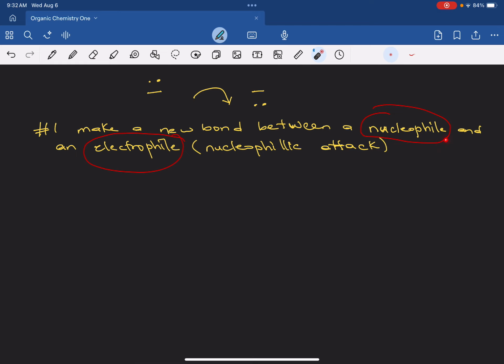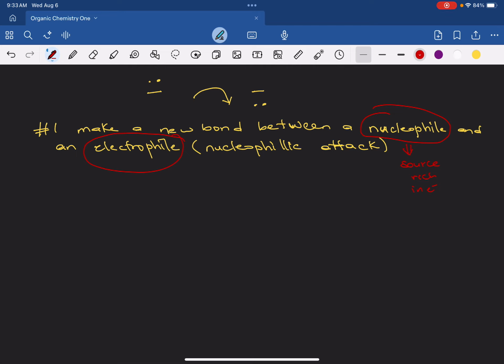So your nucleophile loves the nucleus, which means that your nucleophile is your source. It is rich in electrons, because your nucleophile loves something positive. In chemistry, if I love something positive, it means I'm full of electrons.